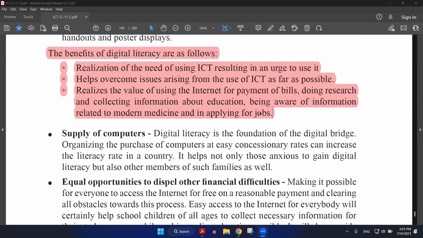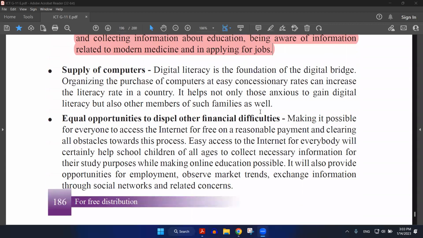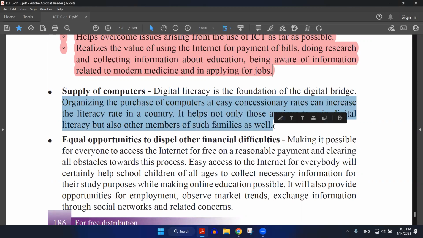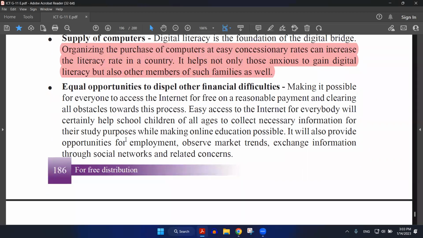Okay, so we are continuing under the same topic. This as the other point.